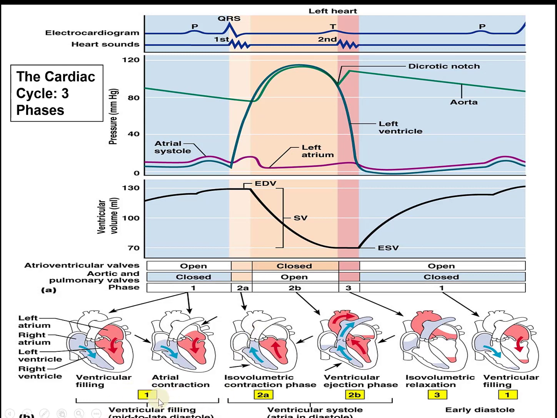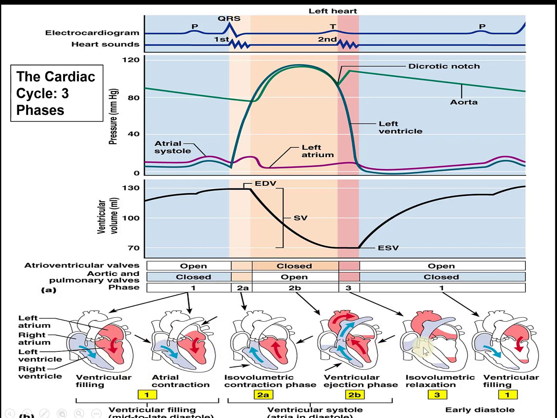At the bottom of the screen, we can see phase 1, 2A, 2B, and 3. And then again, 1, 2A, 2B, and 3, and over again. There actually is a name for each phase: ventricular filling, ventricular systole, early diastole, and then within each phase there are very simple descriptors that help you remember what's going on.